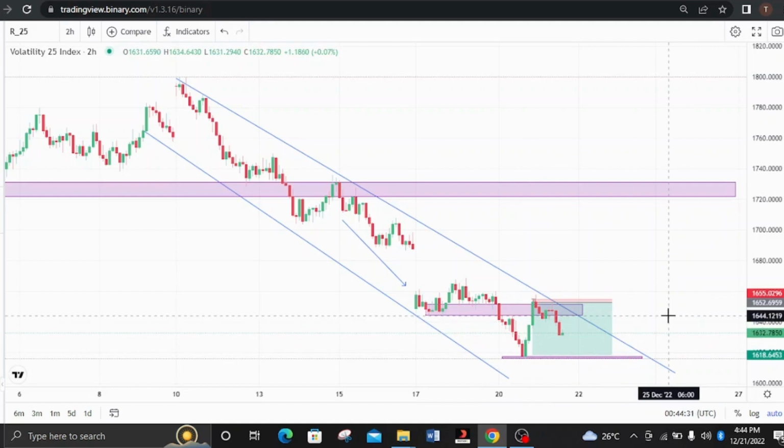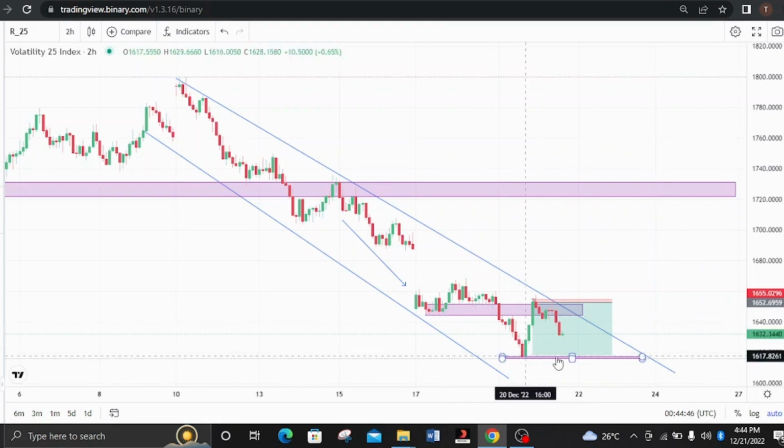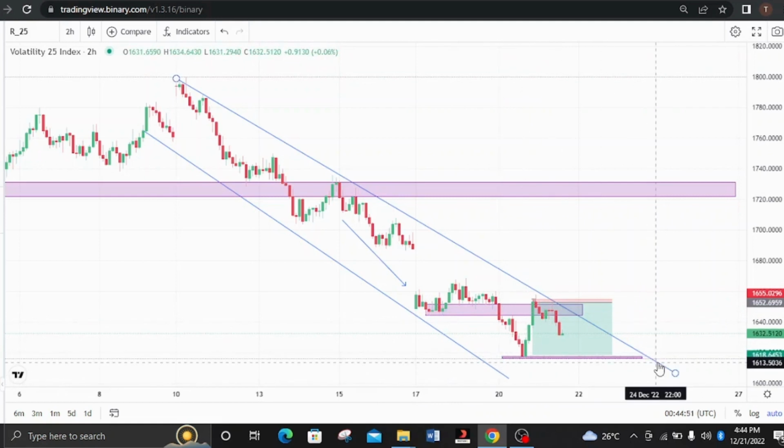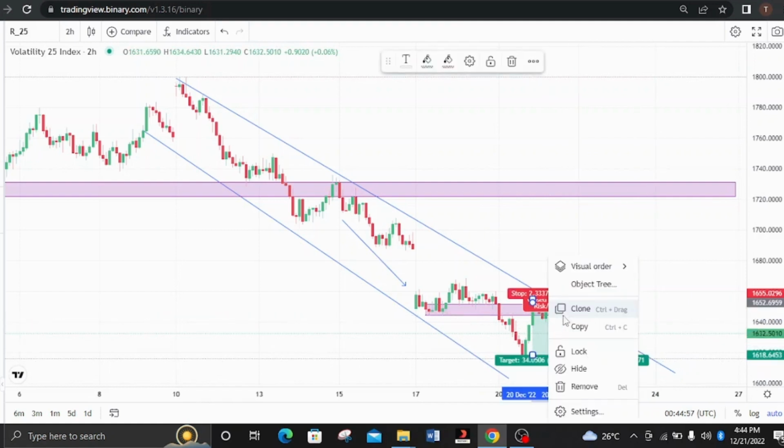But you can keep trailing your profit, looking at how many times price kept breaking resistance levels all the way to the downside. I mean, breaking these support levels all the way to the downside. So you keep trailing your profits like that, because overall it's a downtrend. So let me delete this.